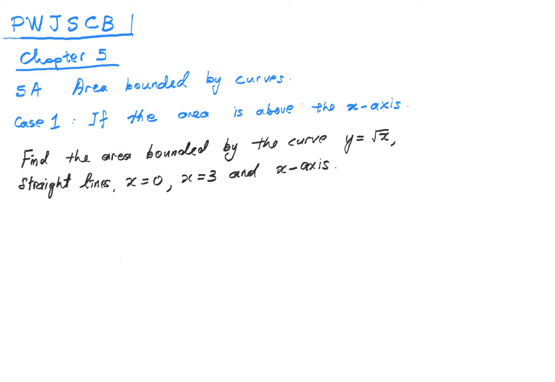Then you go to window, put the domain as 0 to, don't just put exactly 3. Maybe you want to put 4. Then you go for zoom fit, then you sketch the graph. Hurry up, please take out your graphic calculator and do it.